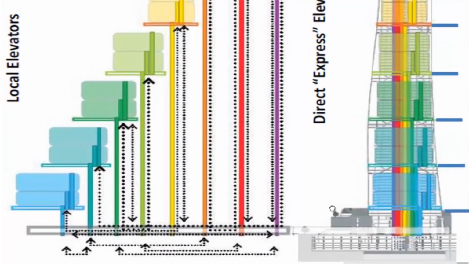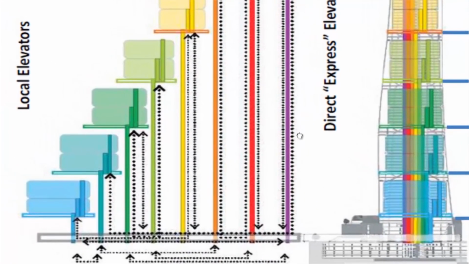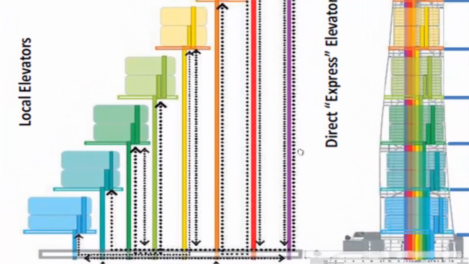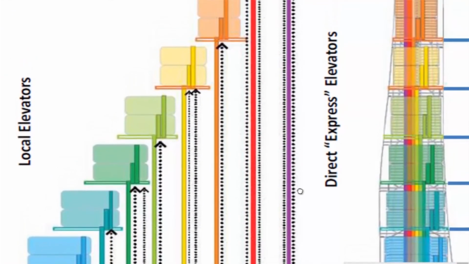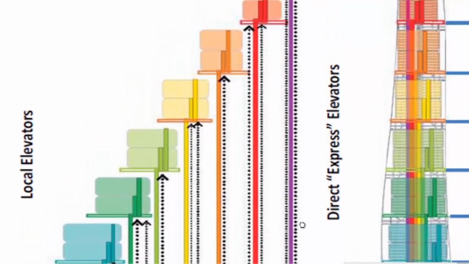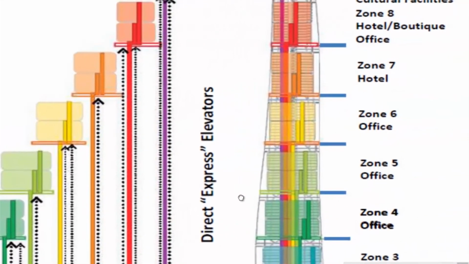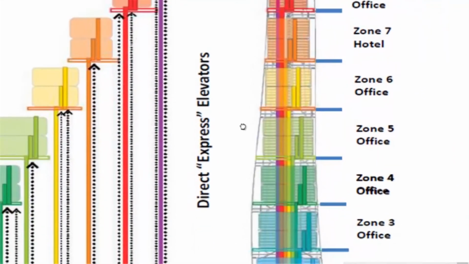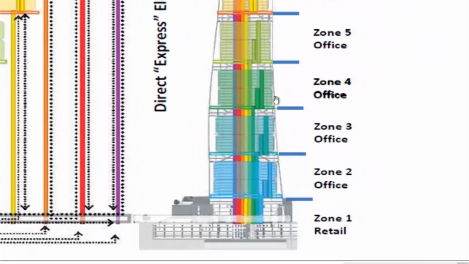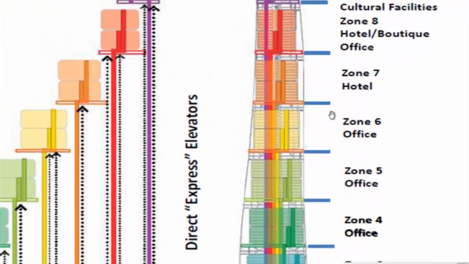Take a glance at this image for a few seconds. You may notice that the image indicates the local elevators and direct express elevators. The lower zone is the retail zone, then you have the office zones, zones 2, 3, 4 and 5, 6.